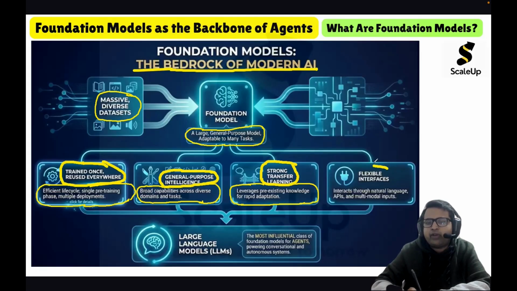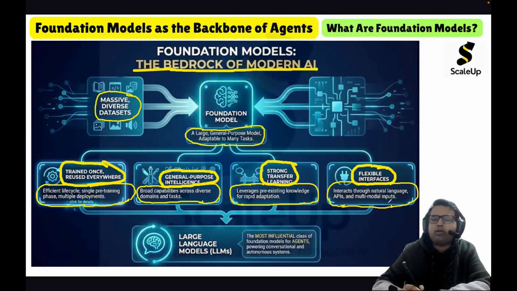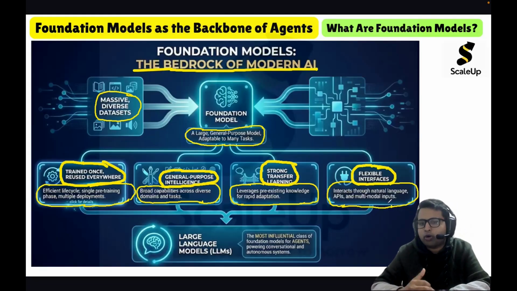One more very interesting thing about foundation models is flexible interfaces. We can interact with them through natural language, like a chatbot, through APIs, and they can also receive multimodal inputs: you can give them text, images, and they can even interpret videos.